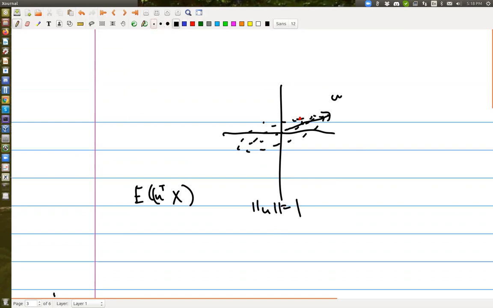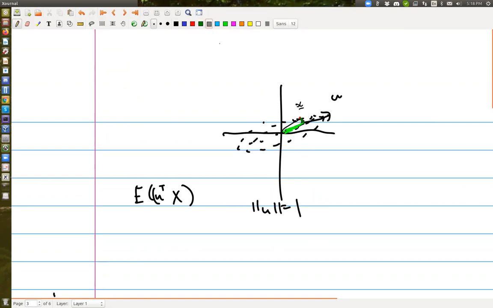So this is x here, let's say a particular instance of x. Then u transpose x will be just the projection, right? Sorry, I'm not sure whether you can see it clearly. It will be just the projection like this one here, the projection onto this one here.